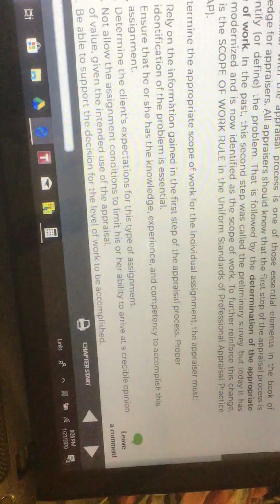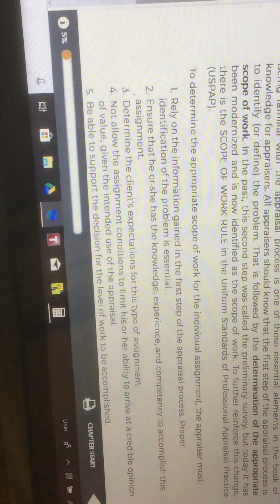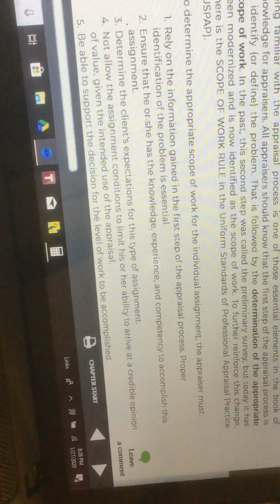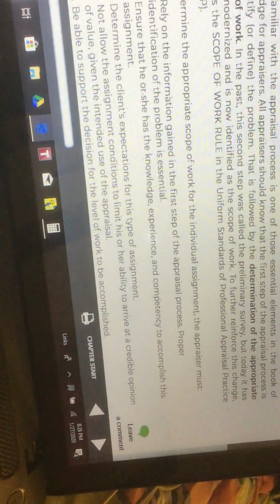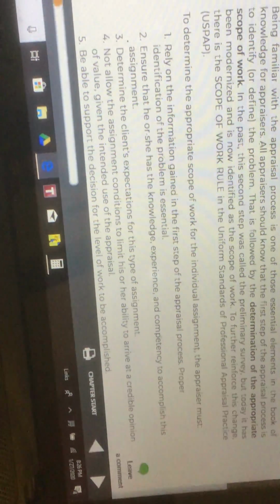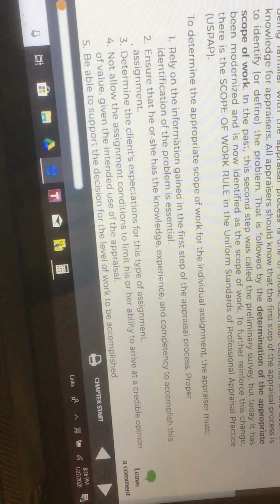Determine the client's expectations for this type of assignment. 4. Not allow assignment conditions to limit his or her ability to arrive at a credible opinion of value given the intended use of the appraisal.